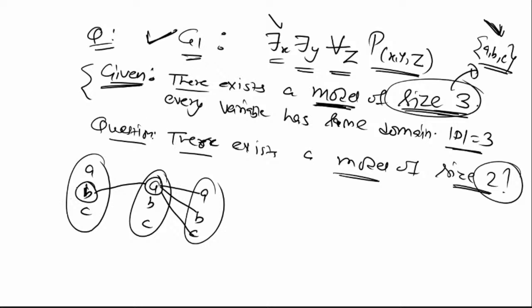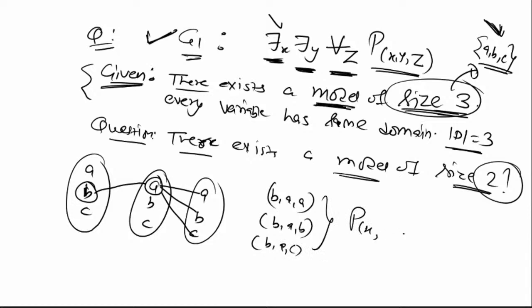So let's assume we take B from here because he's saying there exists, A from here because he's saying there exists, and everyone from here because he's saying for all Z. So for BAA, BAB, and BAC, for these three triples, P(X,Y,Z) is true. This is the information given to you.